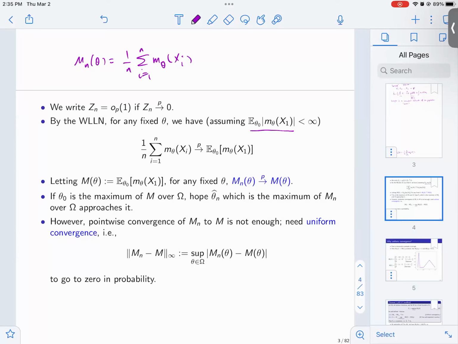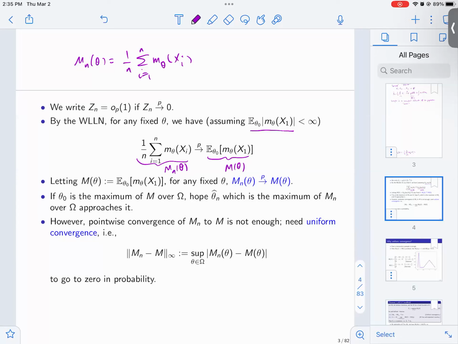Then I can apply the weak law of large numbers to conclude that this converges to the population mean, assuming that the distribution of x is coming from the true parameter: the expectation under theta naught of m theta of x1. I'm going to call this capital M of theta, and I'm going to call the empirical average little Mn of theta.